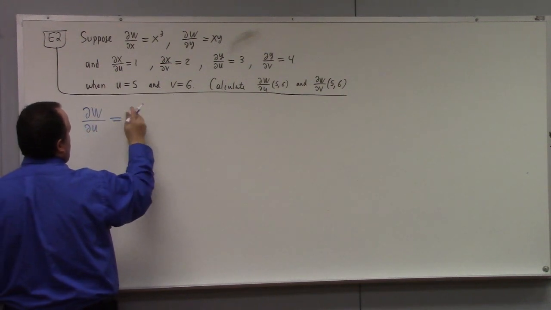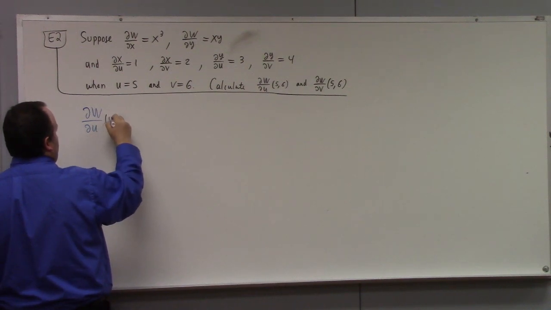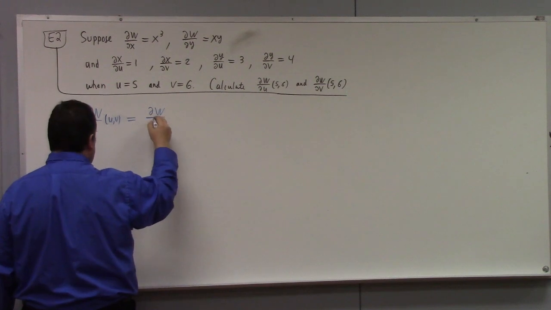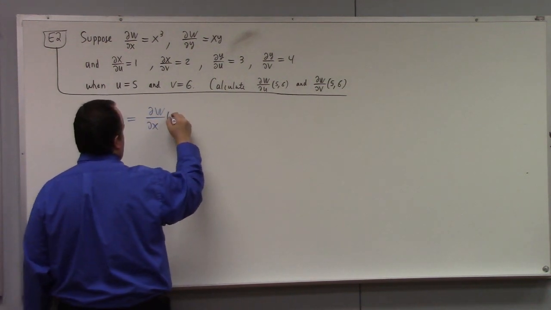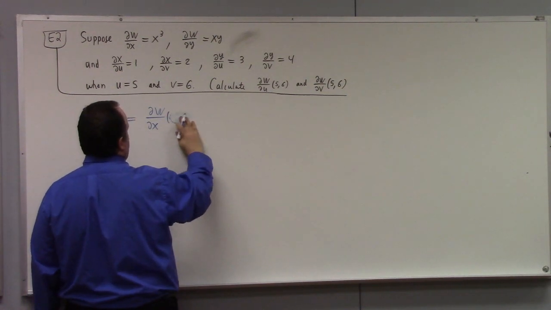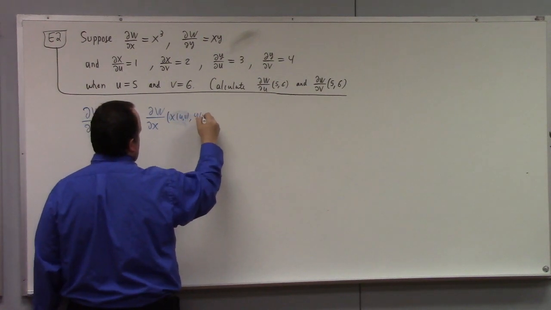It would be, so to be more explicit, guys, this is partial w, partial u at u comma v, all right? So the way that works is we've got partial w, partial x at u comma v, right? And to be more specific, it's really partial w, partial x of u comma v, comma y of u comma v.